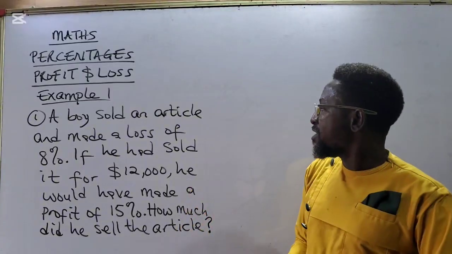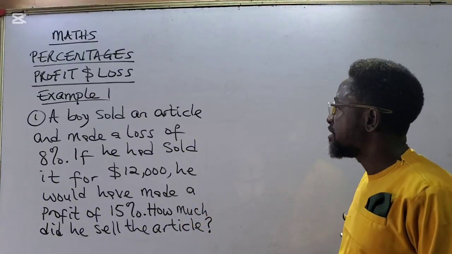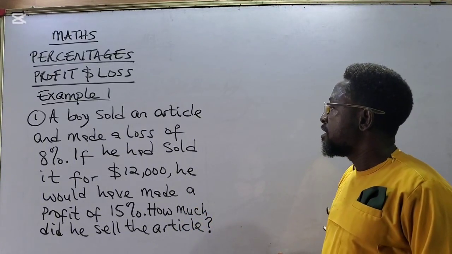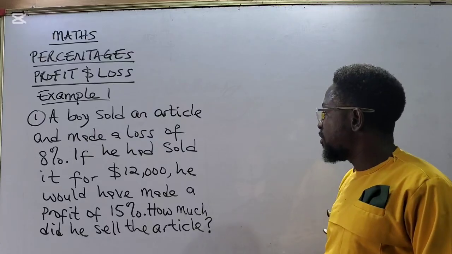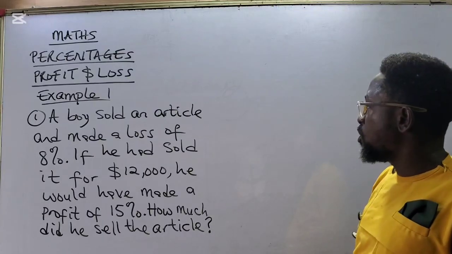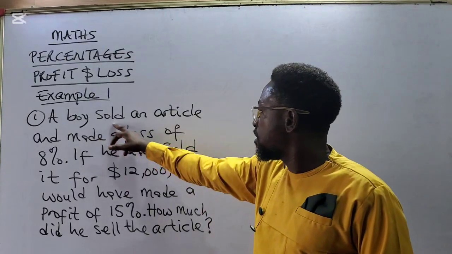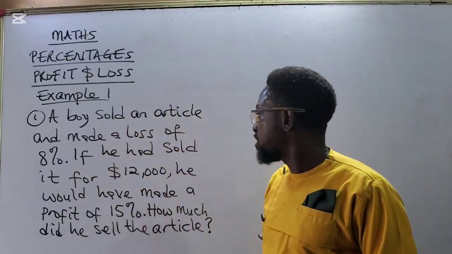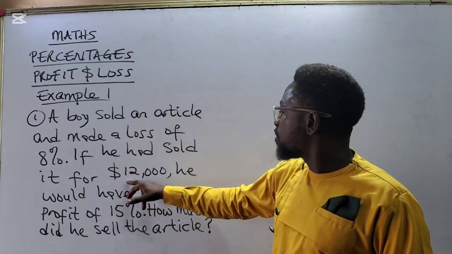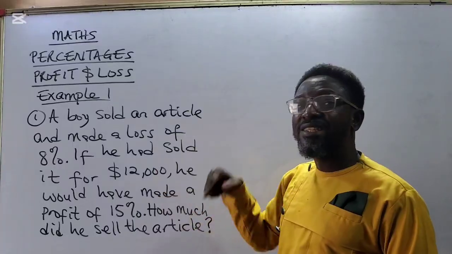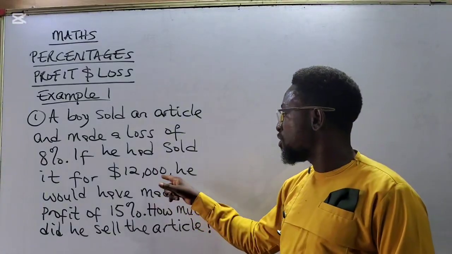Now, if you have a question like that, the first thing you should note is that he made a loss of 8%. But if he had sold it for $12,000, that means he didn't sell it for $12,000.